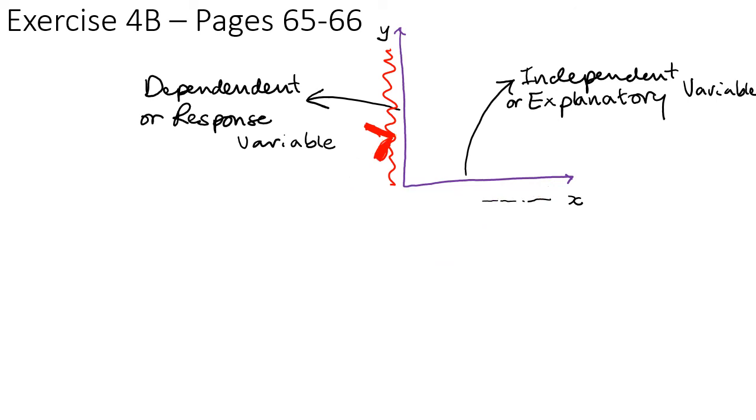So we just did a question, and that was to do with gestation period and head circumference, and I think we had the gestation period here, and on this axis we had the head circumference. Now they were plotted that way round.